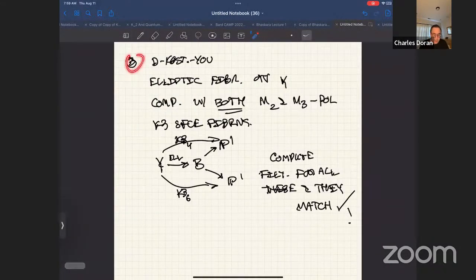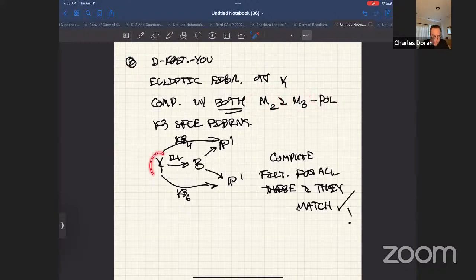And then if you do the third case, building on work in the second paper with Kostiuk and Yu, you can actually work out in detail the elliptic fibration on Y, which is mirror to the depth 2 degeneration, if you like. And it's compatible with both M2 and M3 polarized K3 surface fibrations.